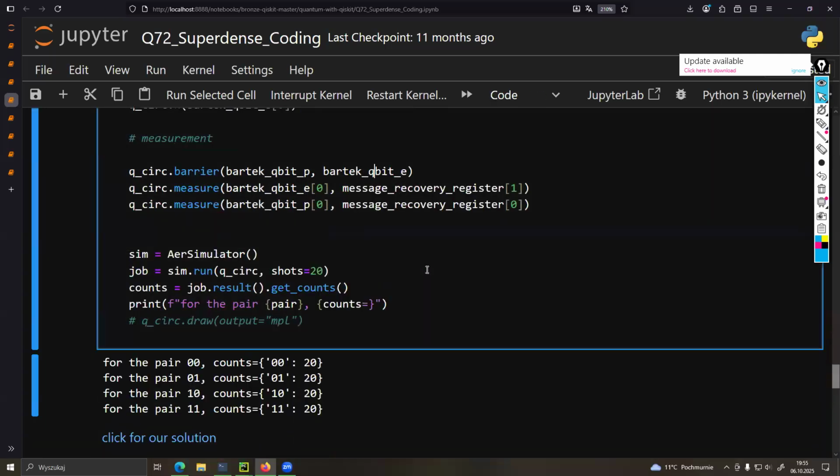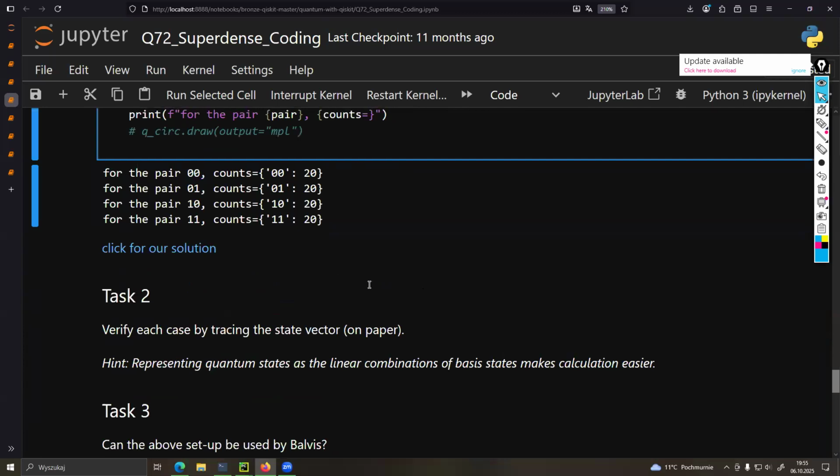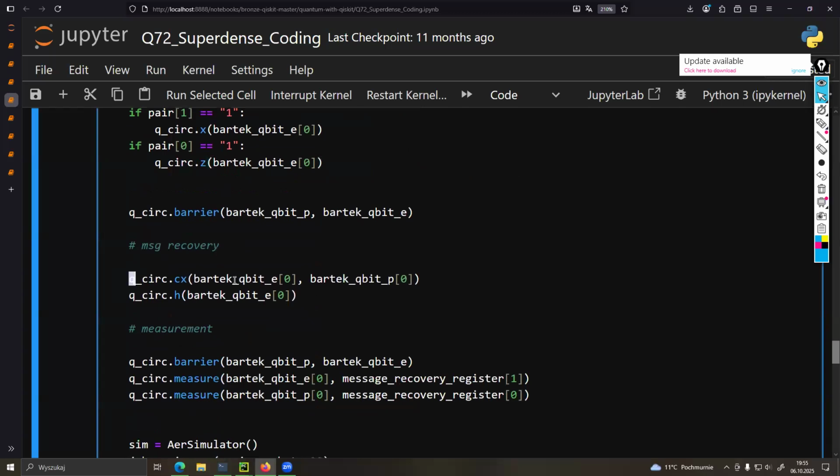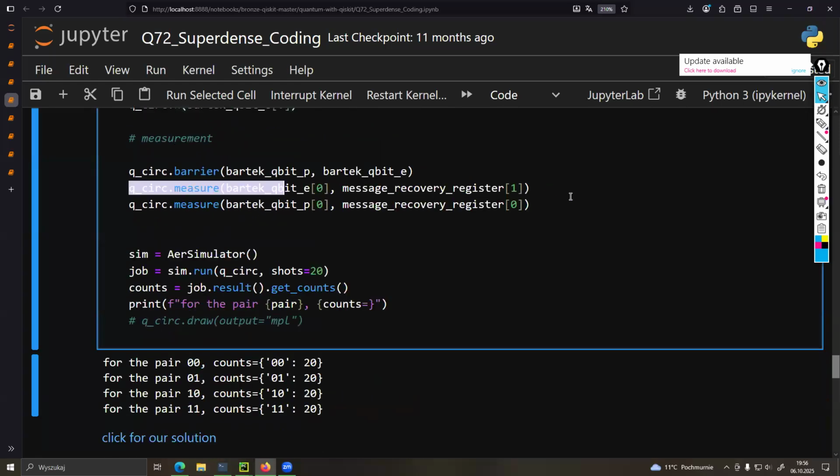So what do I do? If the sender has a 1 in his first bit, then the sender applies an X. If the sender has the 0th bit as 1, the sender applies a Z. And then what happens is that I recover my bits and I measure.